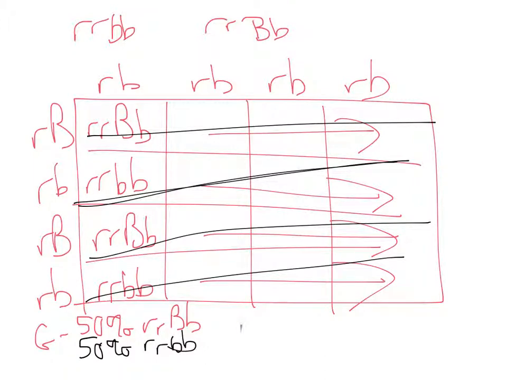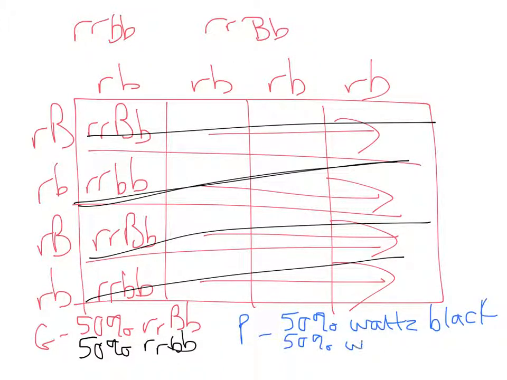Phenotype is, all of them are waltzing, and half of them are black and half of them are brown. So we're going to have 50% waltzing black and 50% waltzing brown hair. And that finishes up the second part for problem number 11.